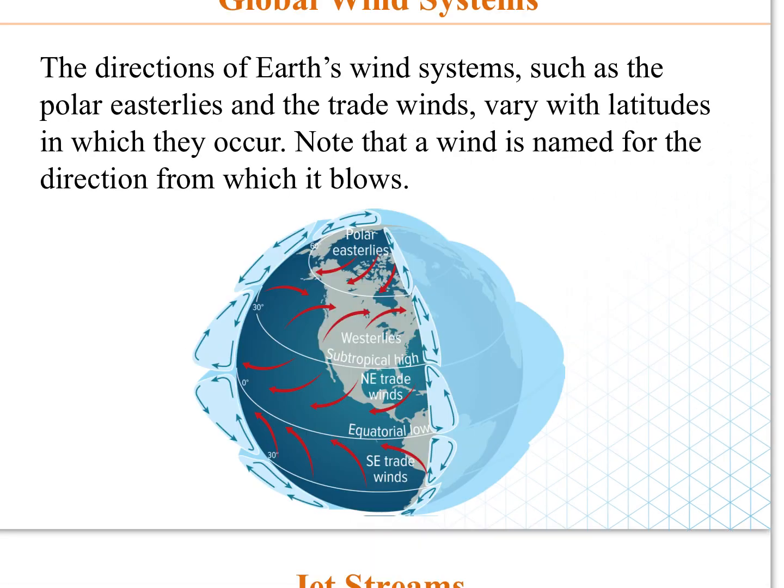Now, this brings us back to all of these fun terms that I've been talking about, and this makes a really great diagram. You see the polar easterlies, you see the prevailing westerlies, and then you see the trade winds. And realize that we can label them north and south. So you have the northeast trade winds, southeast trade winds, your westerlies.